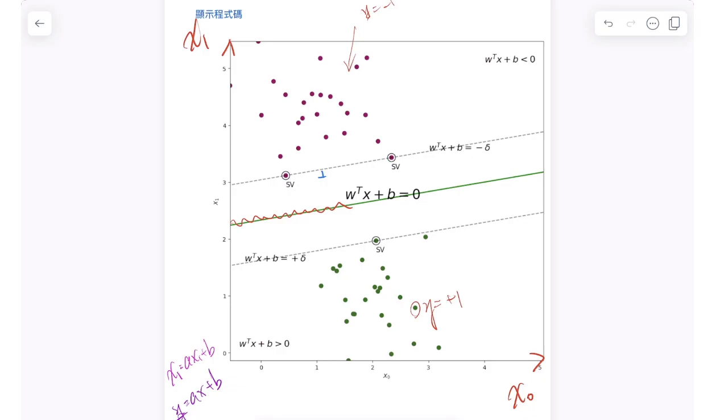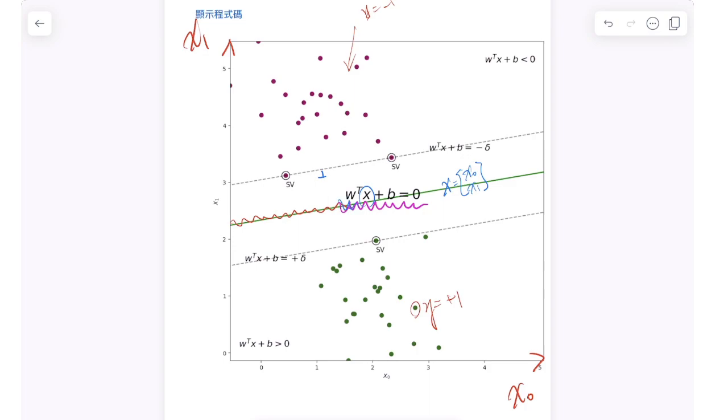And because we want to use a vector to represent a line, this is how you use a vector to represent a line in the space. So basically, it may look like the x right here. Actually, it is 2-dimension.